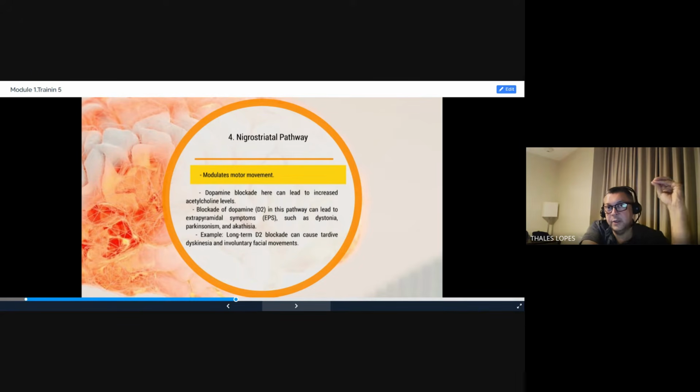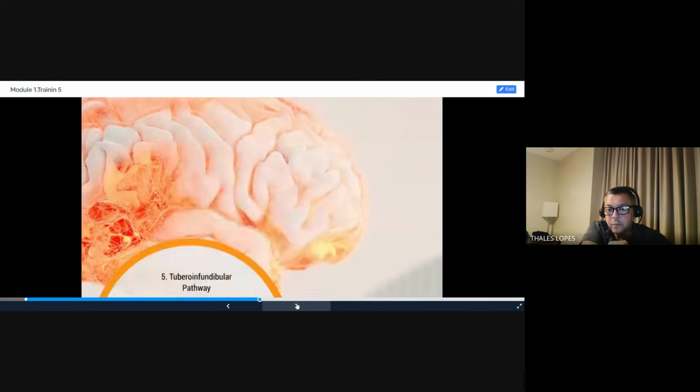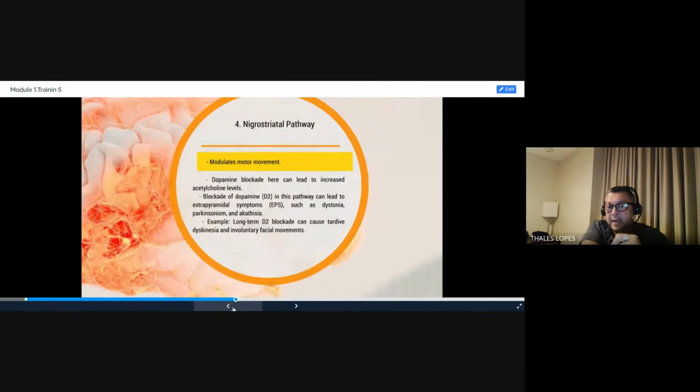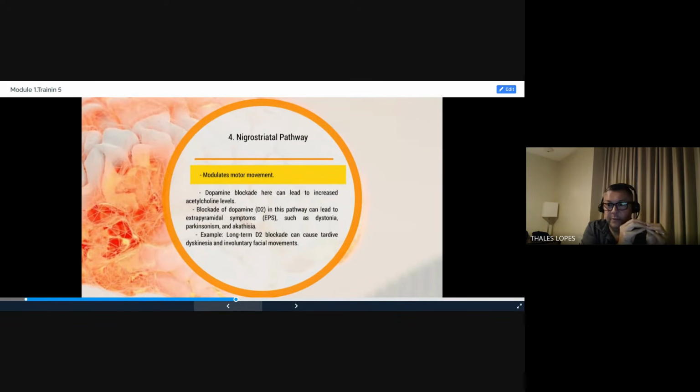But for the test, you are concerned with dopamine and acetylcholine. When one is high, the other one is low. And this is the reason why you have fewer EPS symptoms with the second generation, because instead of blocking 80%, now you block 60%.